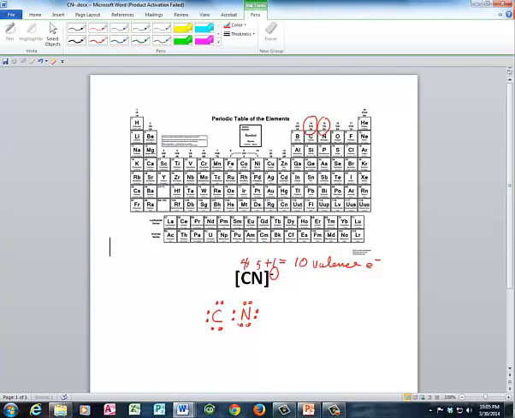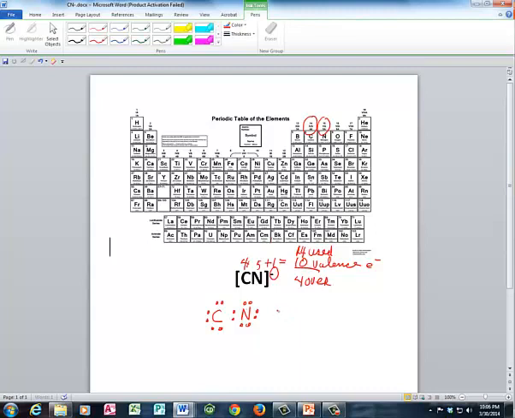Carbon's got 8. And 2, 4, 6, 8. Nitrogen's got 8. Let's count up the total. 2, 4, 6, 8, 10, 12, 14. Oh my gosh, in this structure that I've drawn I've used 14 electrons, but I only have 10 electrons. That means I'm 4 electrons over what actually exists in the ion cyanide.